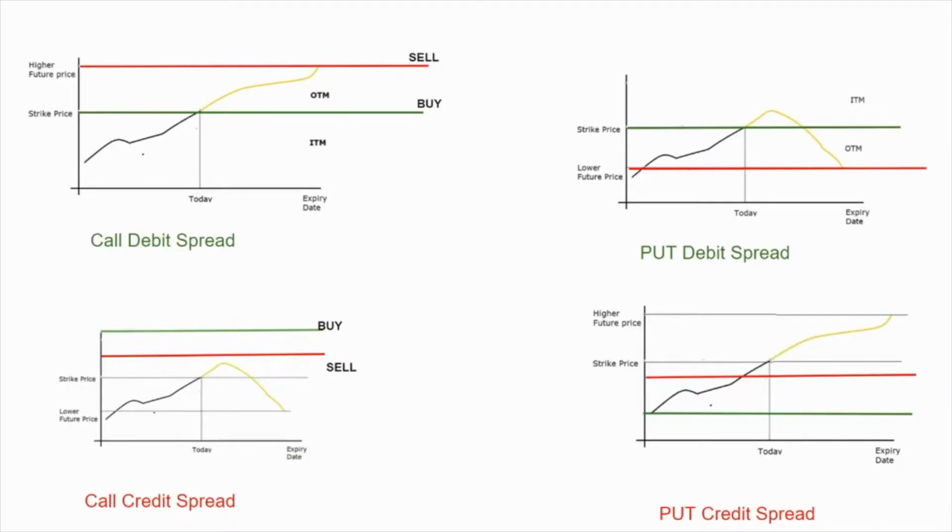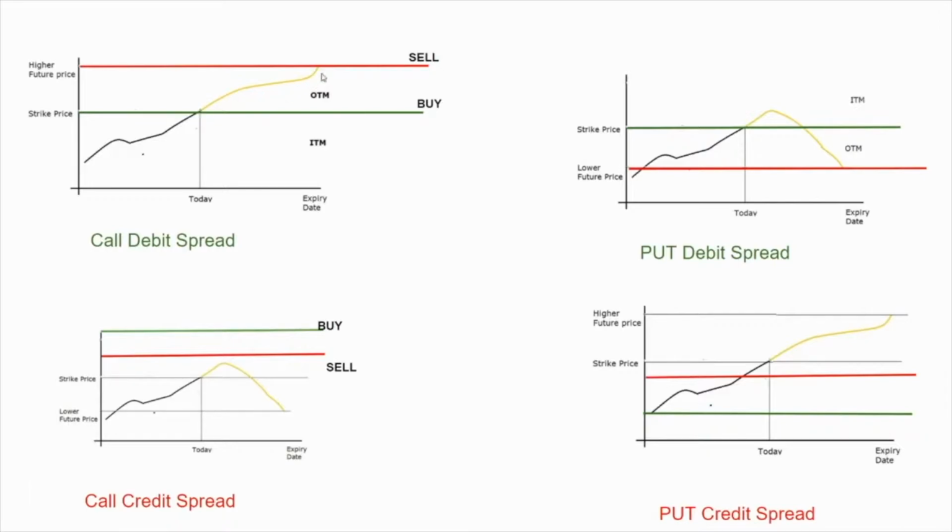And the opposite, when you feel the price is going to go down, you say you're bearish. On the call side, you buy a call debit spread when you've done your analysis and you believe the stock will go up.